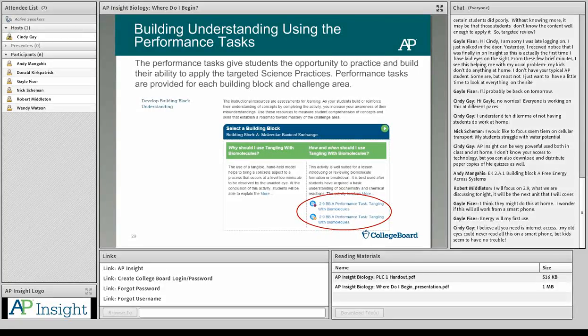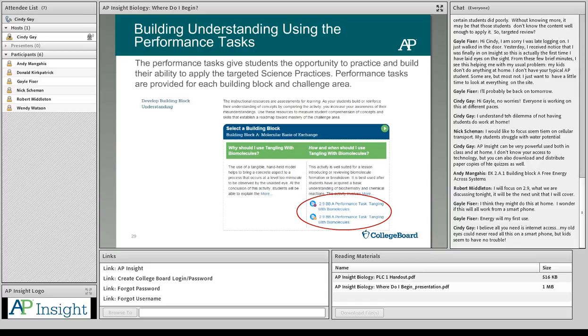These performance tasks are assessments for learning, which can be used as formative assessments, and that's really their most appropriate use rather than summative assessments. They're assessments that help build student understanding. They give the students some feedback in terms of where they are in their understanding, but they also give you some really powerful insights as well.